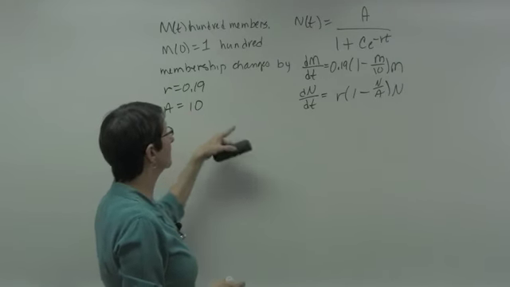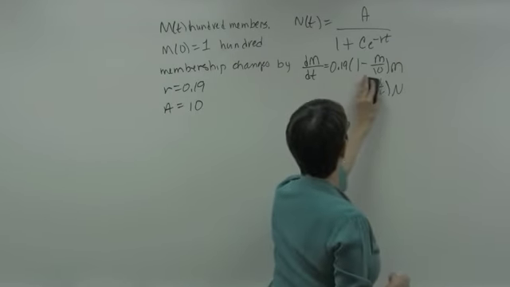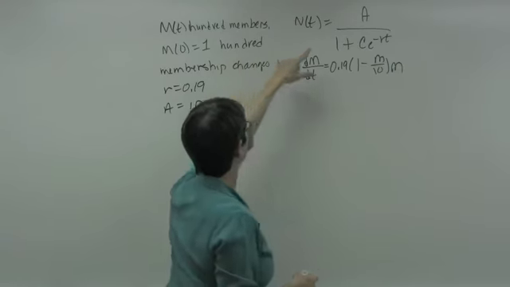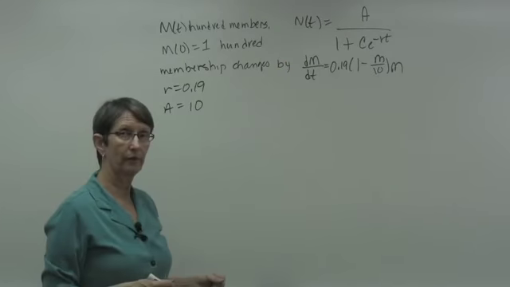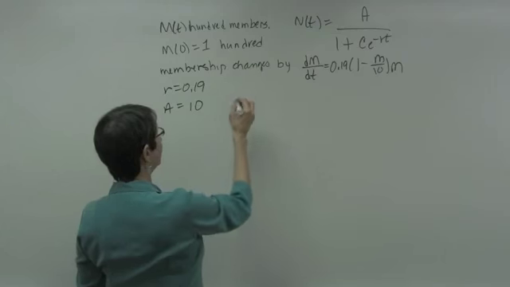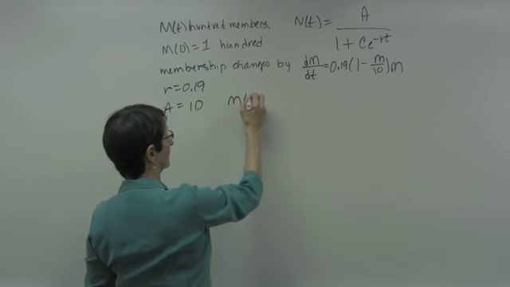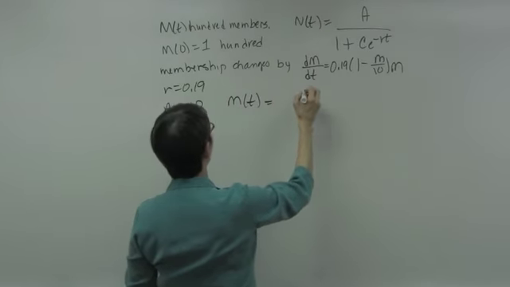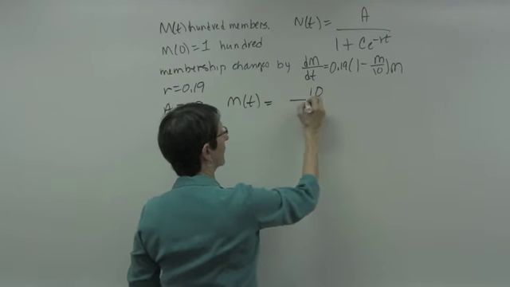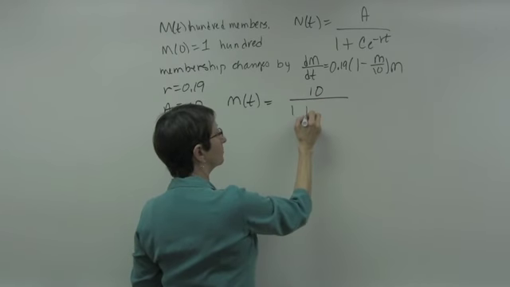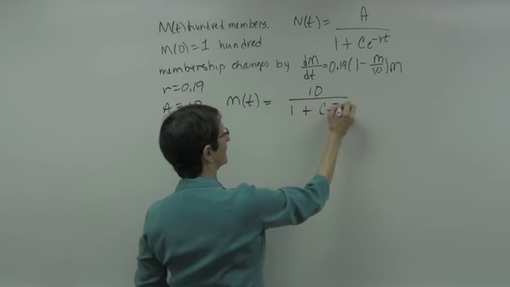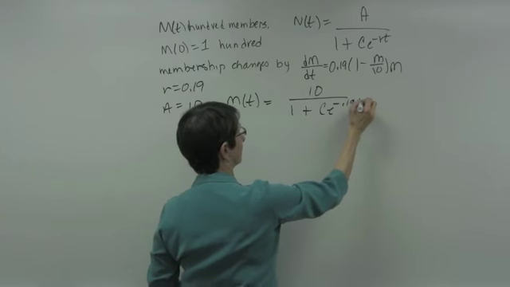That's the upper boundary for their membership. So using these numbers, I can work in here and see what I can come up with. In this case, it is M of t equals A, which is 10, over 1 plus C e to the negative 0.19t.